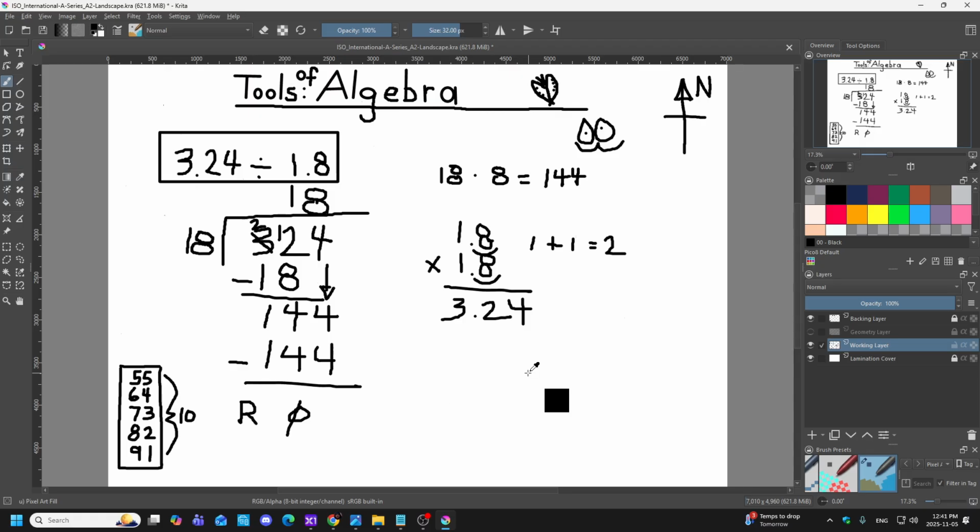Okay, so I'm going to undo here, and I want to show you something else quickly. We know where the decimal is for 1.8. Okay, right? So it's right there. We know where the decimal is for 3.24. It's right there.